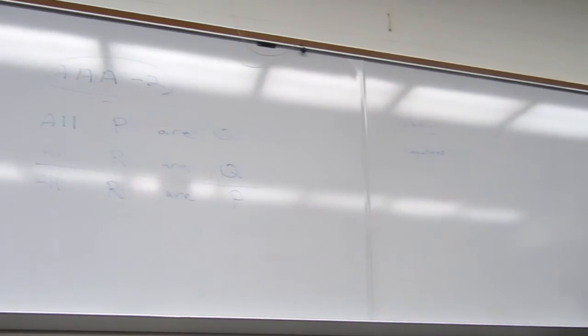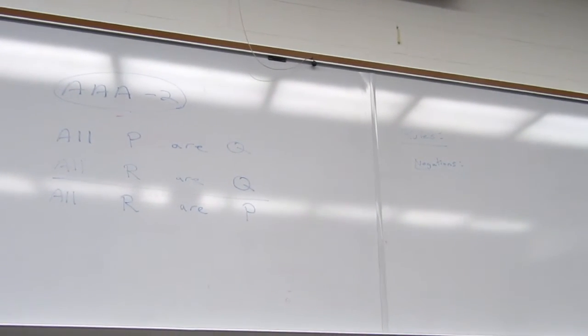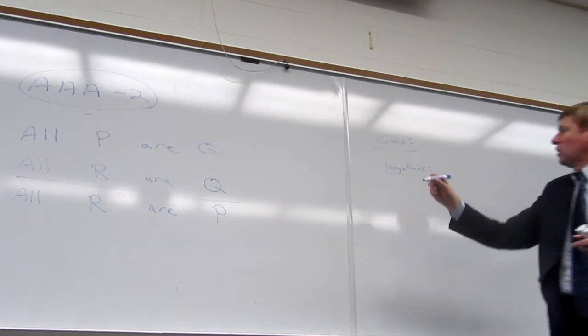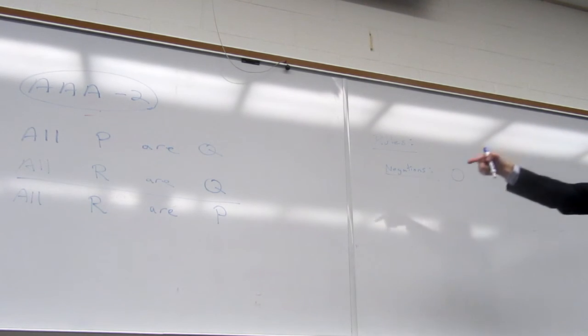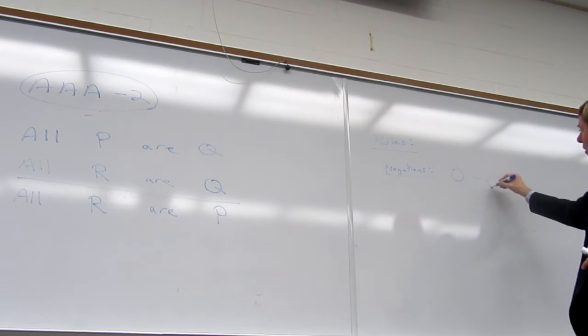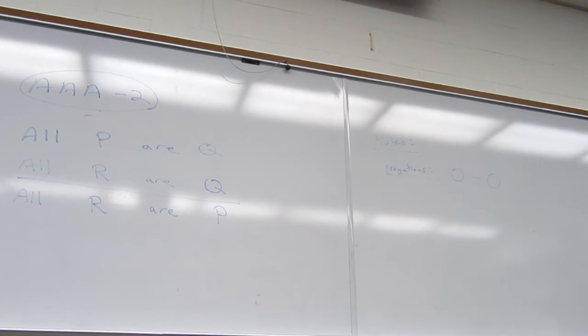Does this pass the negation rule? Absolutely, because our conclusion is an affirmation, so there's 0 negations, and both of our premises are also affirmations. So we have the same number of negations in the conclusion as we do in the premise. It passes that rule.